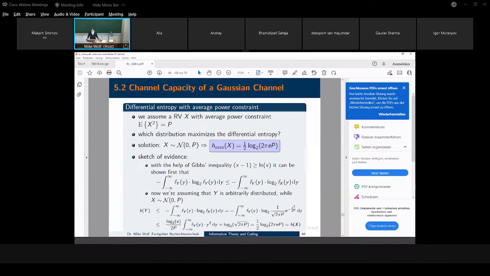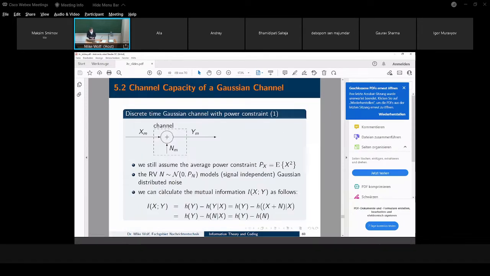And it's only equal if it's Gaussian distributed. So it's never larger than for this Gaussian distribution. You can try it at home if you want. Because this fy of y times y squared is just the power of y, which is the same as the power of x, because it's the same constraint. I just want to show you this very shortly.